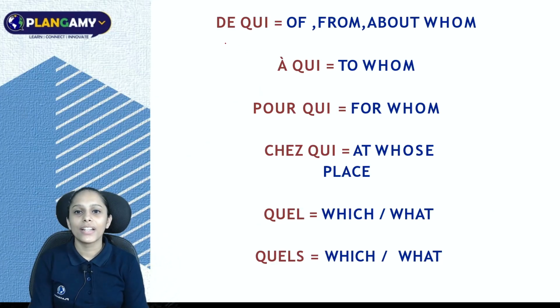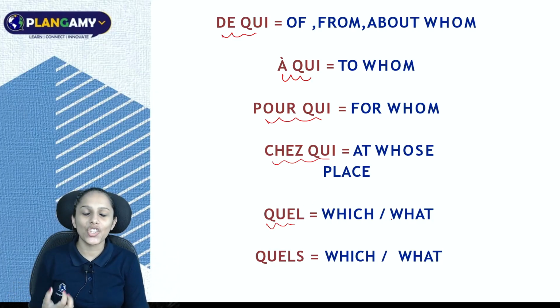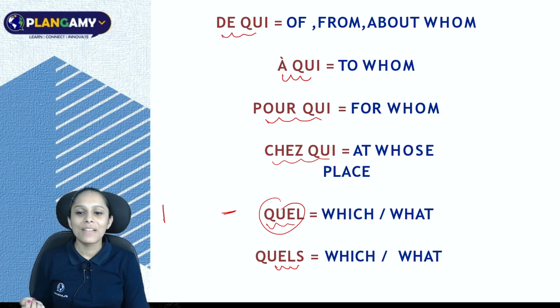Next, de qui, of, from, about whom. Next, à qui, to whom. Here we have pour qui, for whom, and here we have chez qui, at whose place. Here we have quel, which, what. And again here we have quelle, which and what. Don't worry, this quel is used with a masculine singular noun.